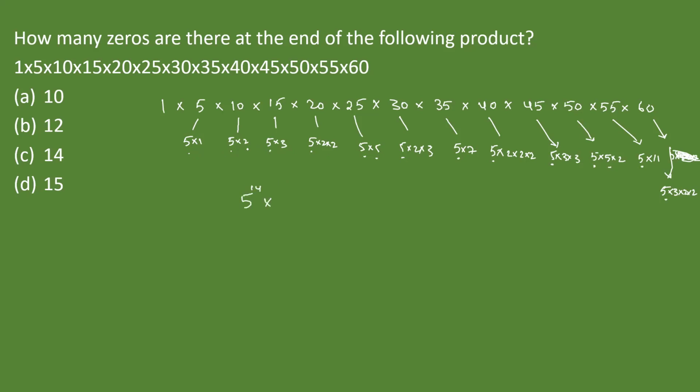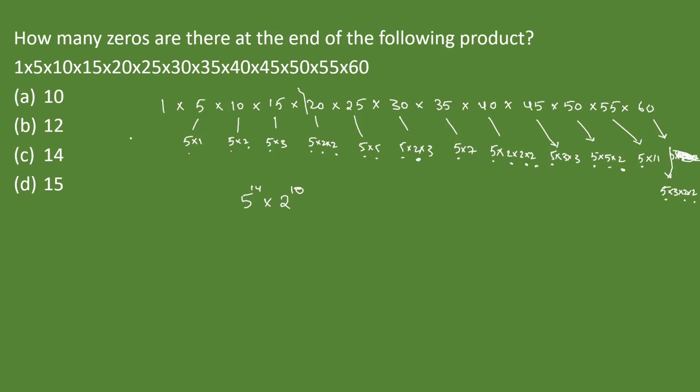When it comes to 2s, please count: 1, 2, 3, 4, 5, 6, 7, 8, 9, and 10. Don't think that always the power of 5 will be minimum. In some cases, like this, sometimes the power of 2 can also be minimum. So please be careful. Here 14 5s are there and 10 2s are there.